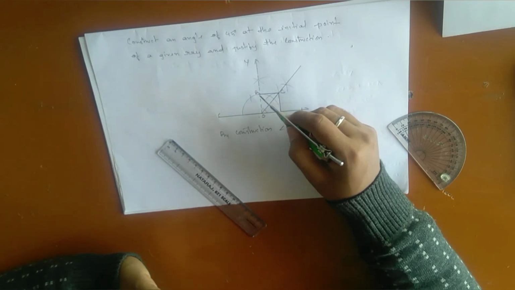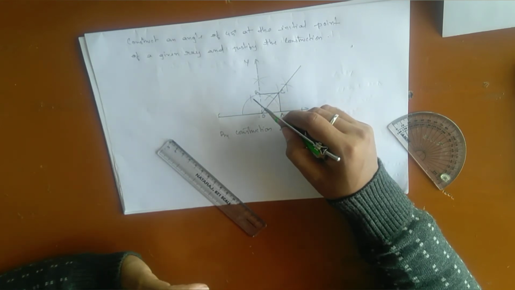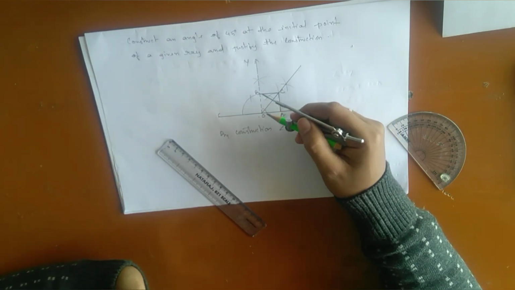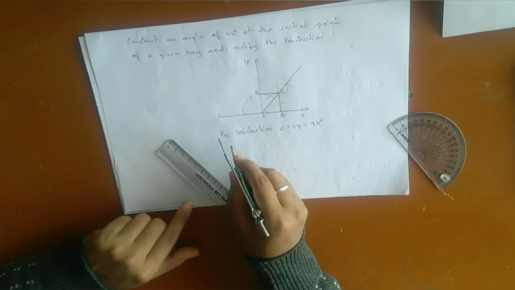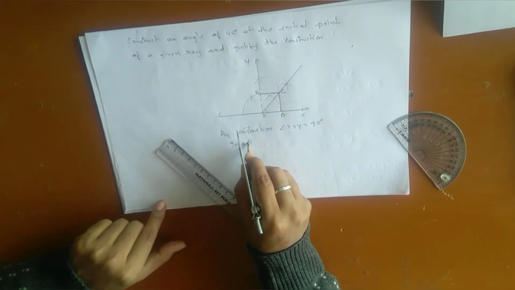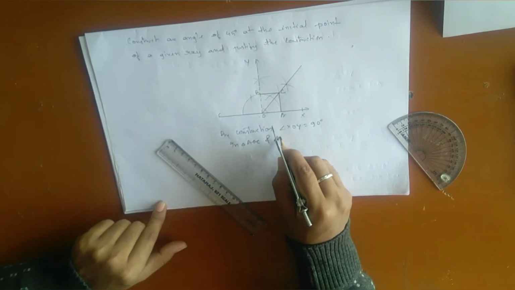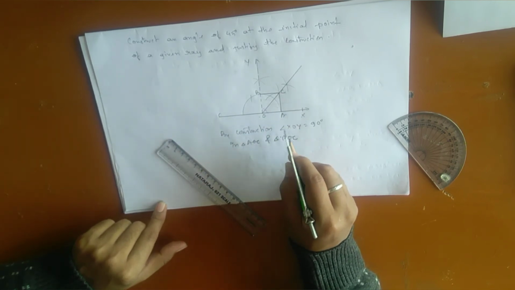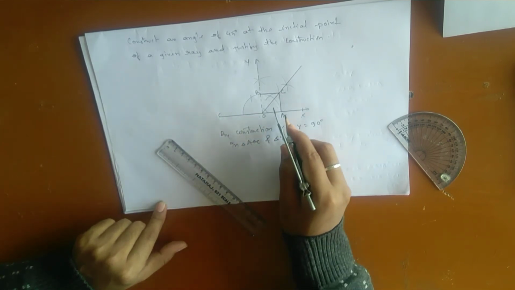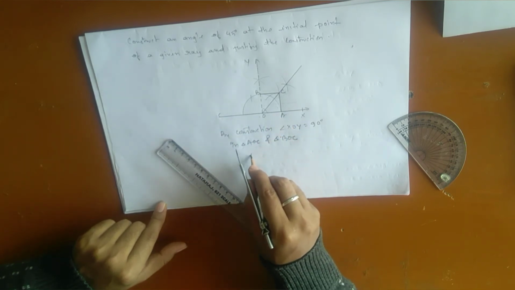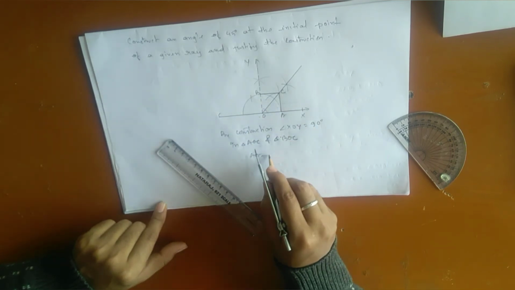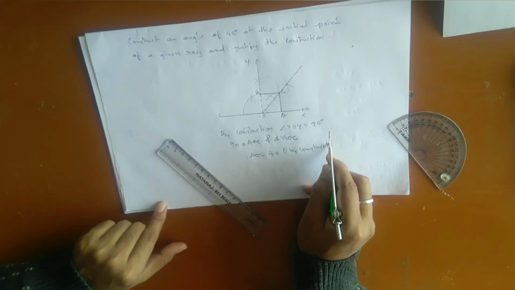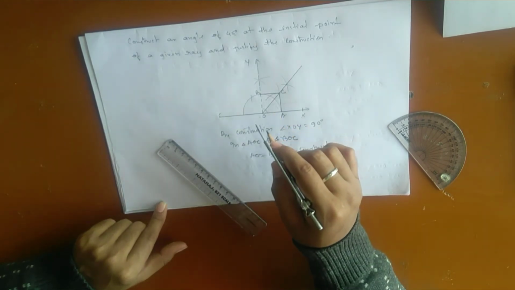Once you show that, we can say that this equals this, and that means half of 90 degrees, which equals 45 degrees. So in triangle AOC and triangle BOC, AO equals BO by construction, or you can say the radius of the semicircle.